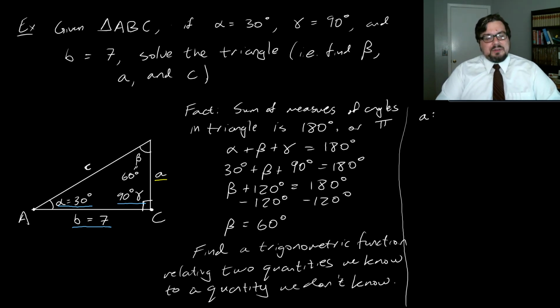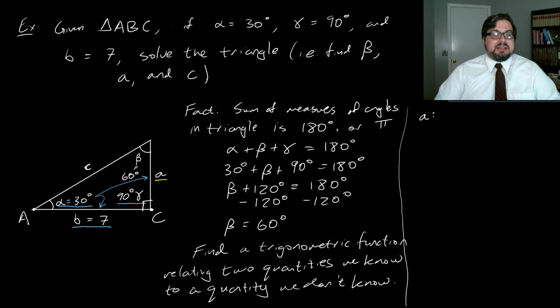So we have an angle of 30 here, and we want to relate this to the quantity we want to know and some quantity that we do. So we're trying to find a trigonometric function that relates the angle that we know about, with a side that we know about and the side that we want to find something out about.